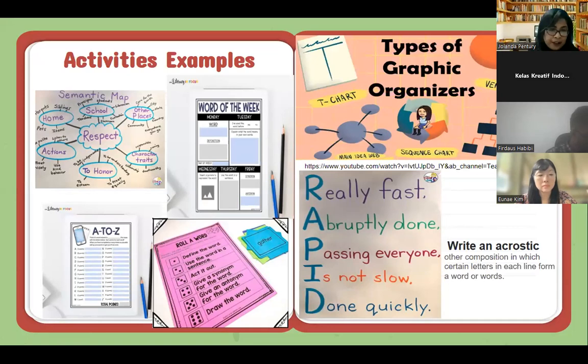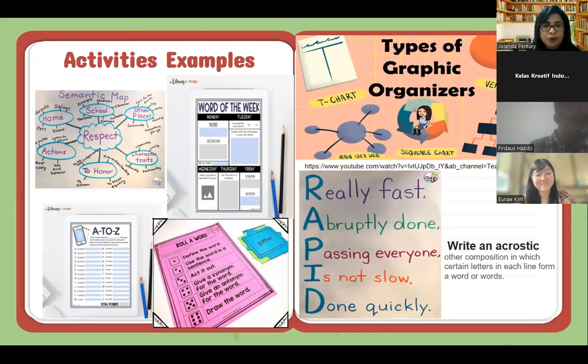In A to Z, we give the topic or theme, and they complete words from A to Z. Another activity is the graphic organizer. And the interesting one is the acrostic.